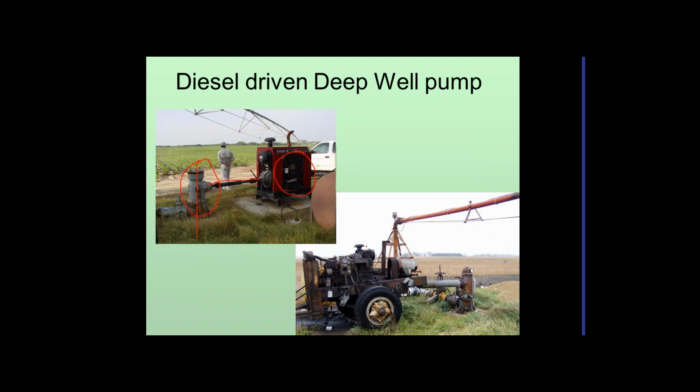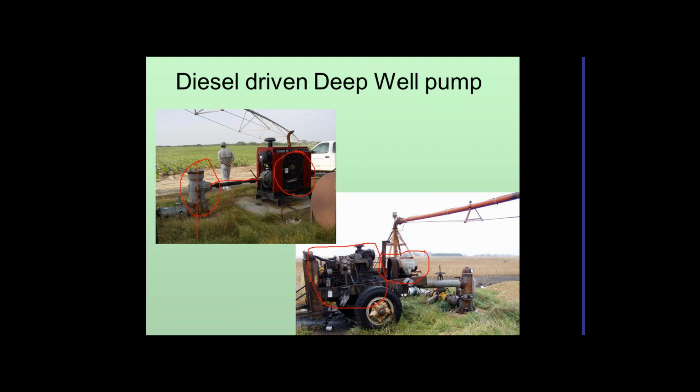Here's a homemade one down on the lower end. This happens to be very oversized, so they're using more energy than they need. But one of the reasons I put this on is because it has an electric generator on it. The towers on a center pivot require electricity to run, so this one has an electric generator to provide that electricity to power the motors that move the pivot around the center pivot.